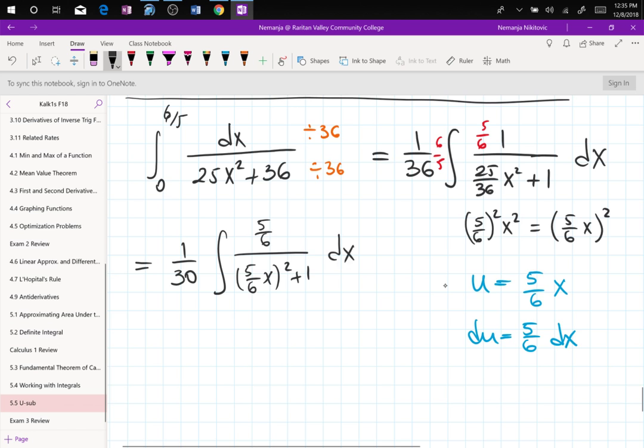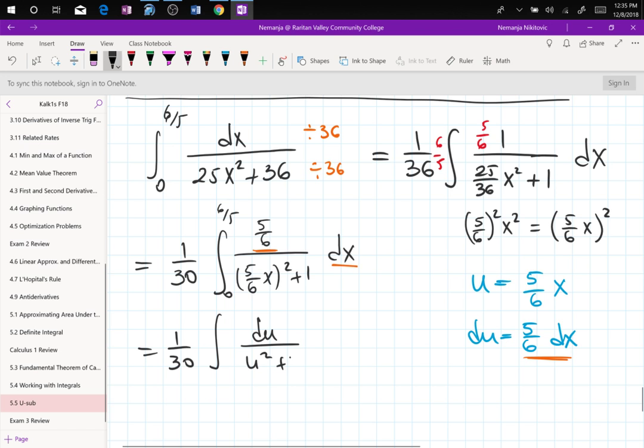So now you have your 5 over 6 dx, 5 over 6 dx, so that's du. It's 1 over 30 integral. The limits are still 0 and 6/5. 1 over 30, and now we have du over u squared plus 1, which is inverse tangent. Now we have to transform limits and we're done.